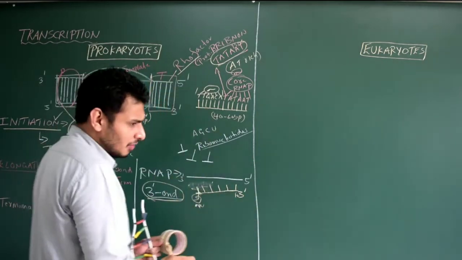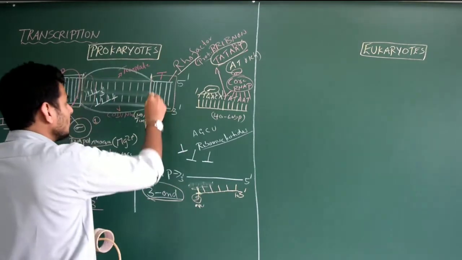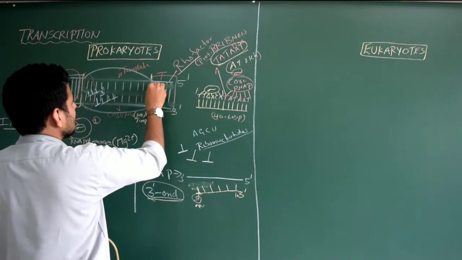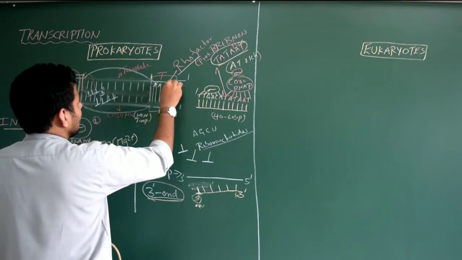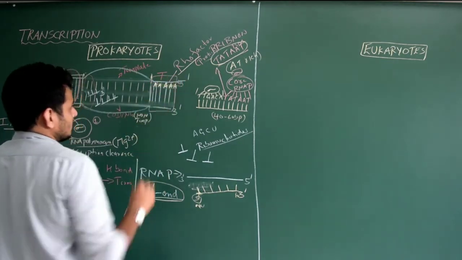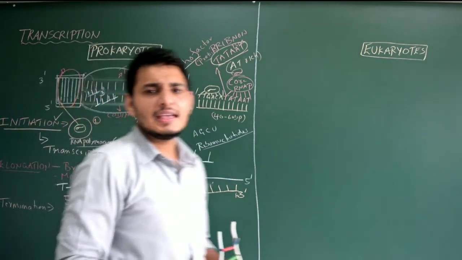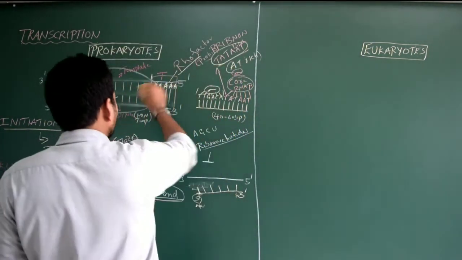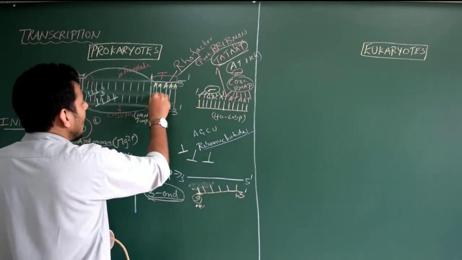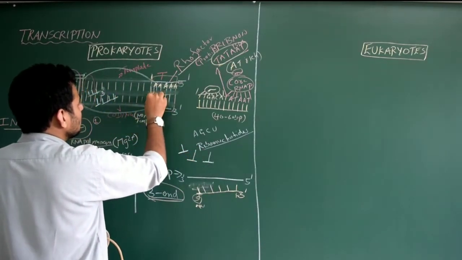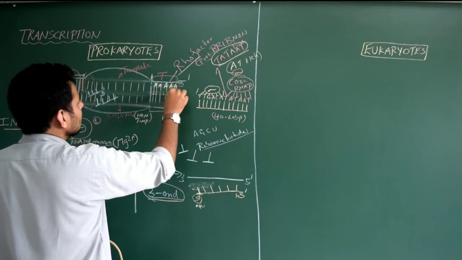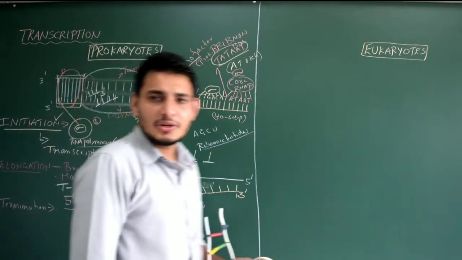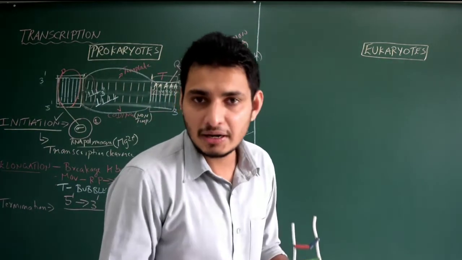There is one more hypothesis that along with the Rho factor there is a sequence here called repeated adenine sequences. Continuous A's, poly A, many A's will be there in the template strand. That means the RNA which is now produced will have U, correct? Repeated uracil sequences on the mRNA.